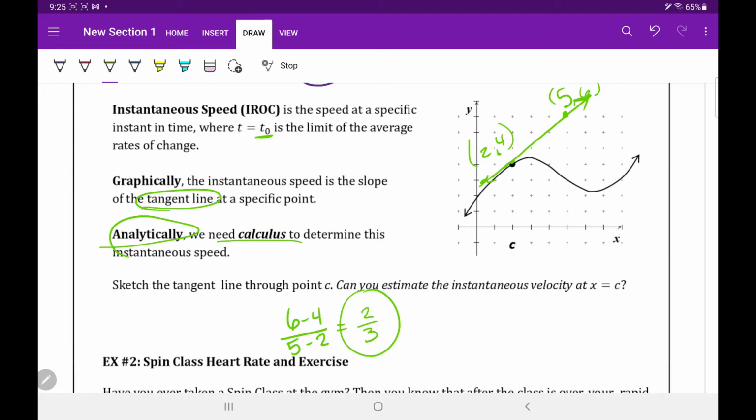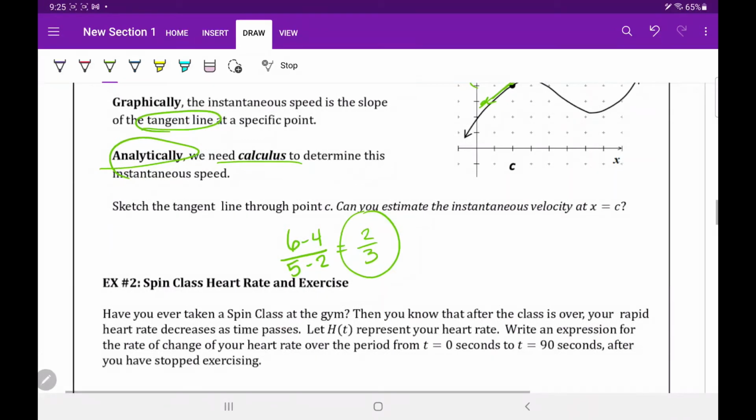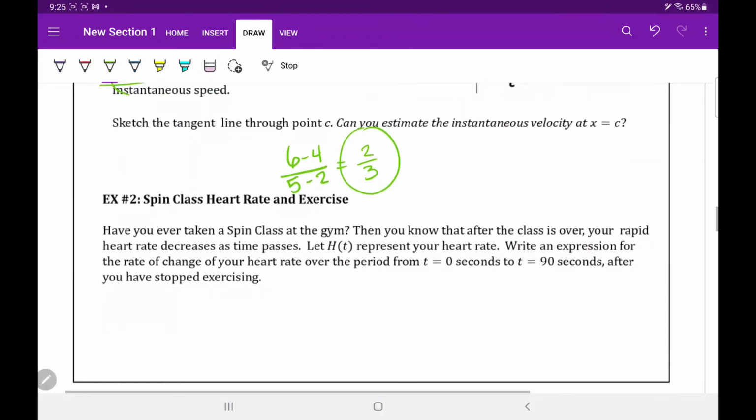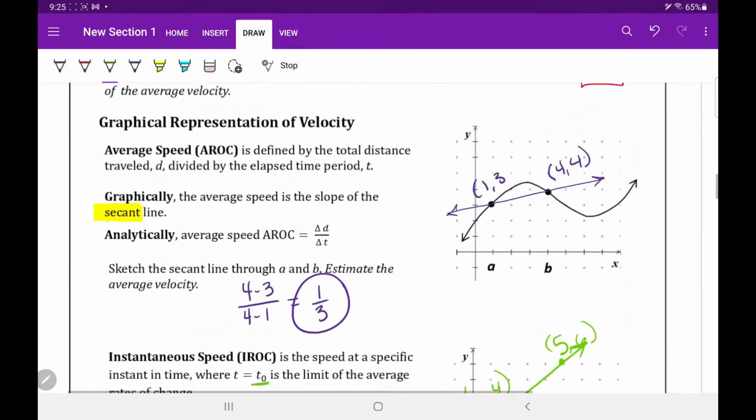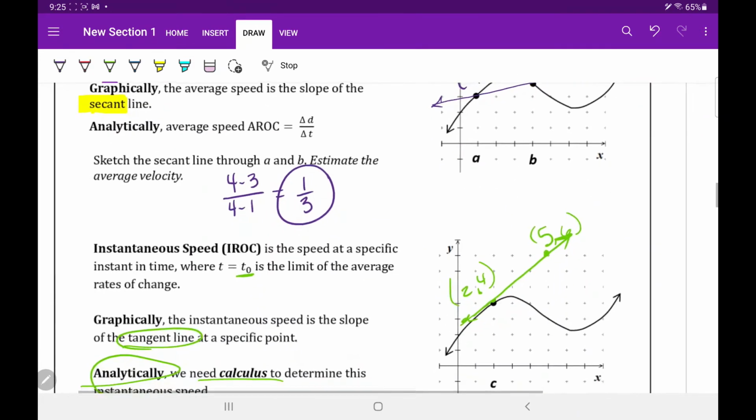So this is our first two examples, or first example. I guess it was really two because we had the Leaning Tower of Pisa thing. But let's keep going. This one I think will be a little bit more clear in how we did the first one using the formula again. This whole example was just to help you see. Notice the difference between the secant line and the tangent line.